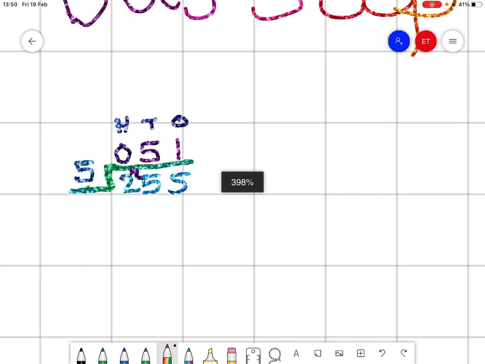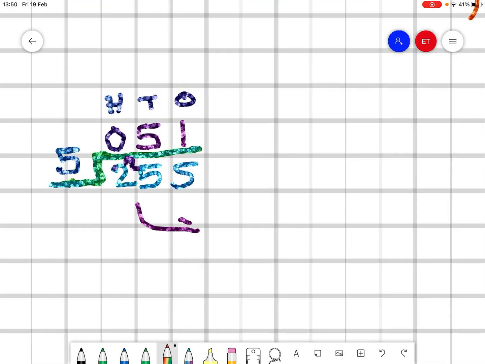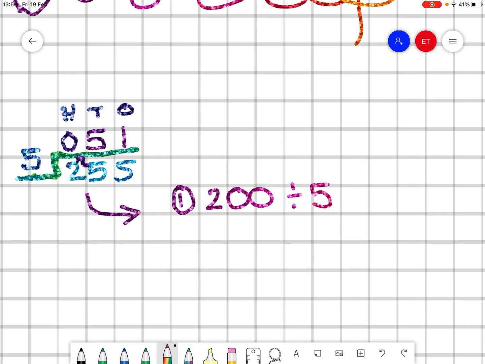Now I'm going to show what's actually happening here. Almost imagine this as a magnifying glass into what's actually happening. First of all, the first step you're doing, and you can write this out this way if you prefer, is 200 divided by 5. That's the first thing you are doing there. Now, we know that 20 divided by 5 is 4, so 200 divided by 5 is 40.